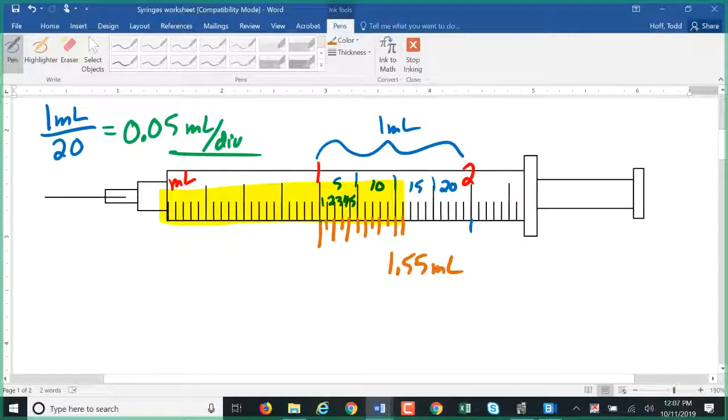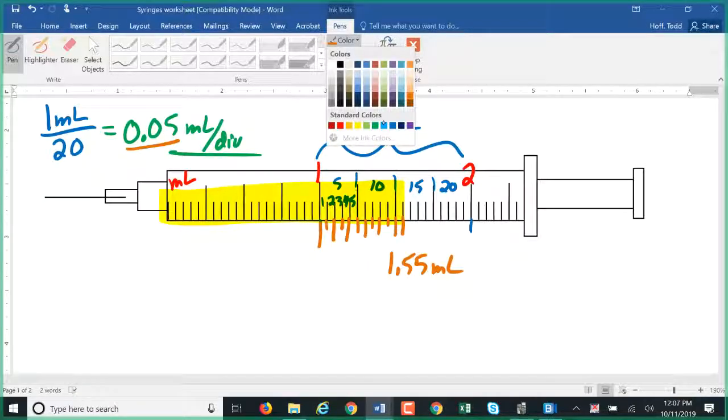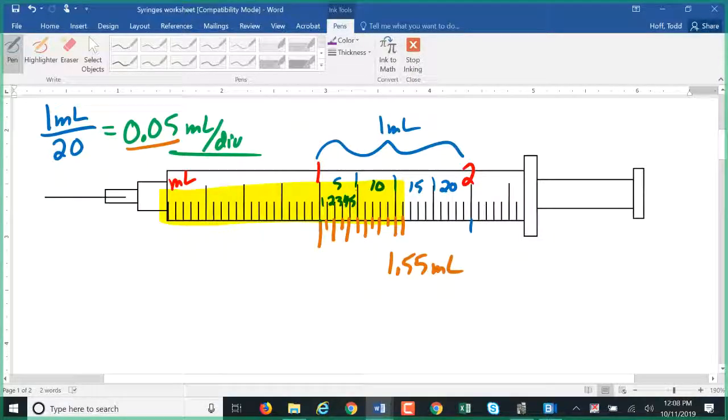To be honest, when I have a 0.05, rather than counting up every single space, I know that 2 spaces combine to make 0.1. That's usually how I count it up. This is 1, 0.1, 0.2, 0.3, 0.4, 0.5, and another half is 0.55. Make sense?